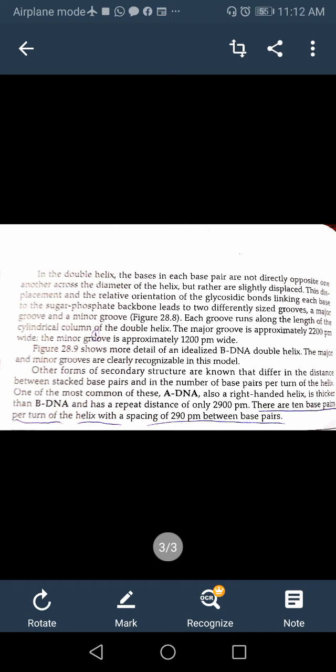On the other hand, other forms of the secondary structure of DNA are known. They differ in the distance between the base pairs, the number of base pairs per turn of the helix, and so on.